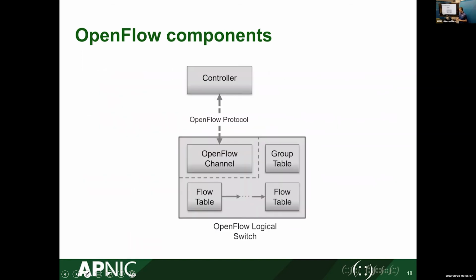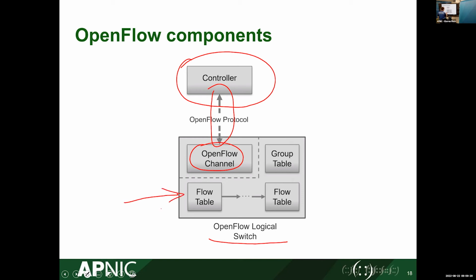So we have our Openflow environment that is set up like this. We have our controller. It communicates over a secure channel to our hardware device using the Openflow protocol. Inside our Openflow logical switch, we have this Openflow channel that's sending packets back and forth.